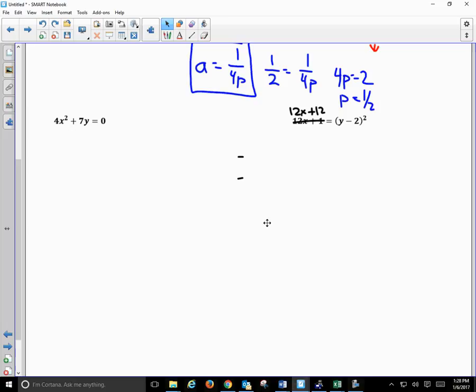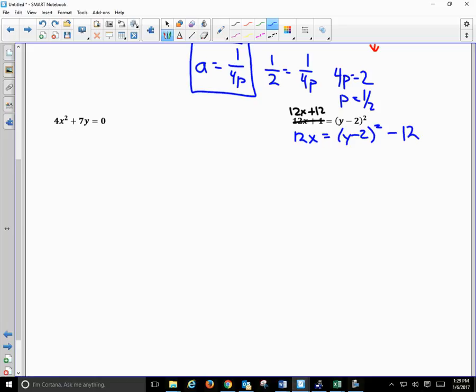So first of all, when we solve here, do you think we solve for x equals or y equals? We solve for x because the y is being squared. So 12x is equal to y minus 2 squared minus 12.